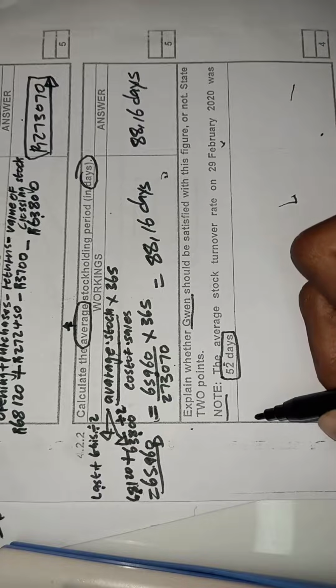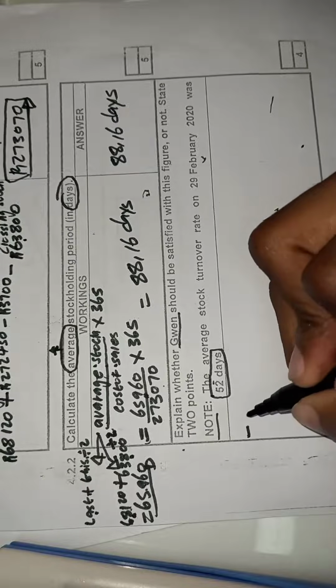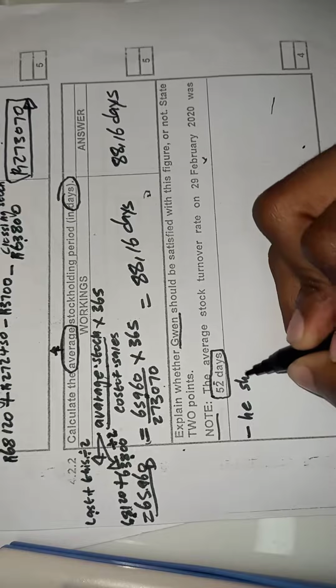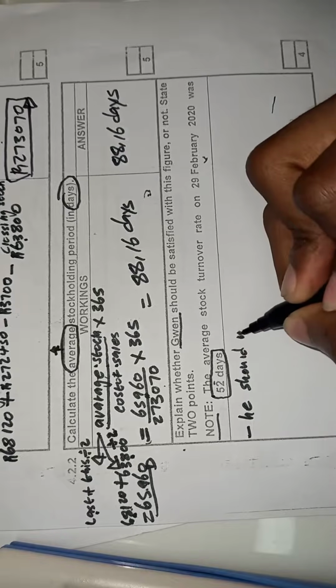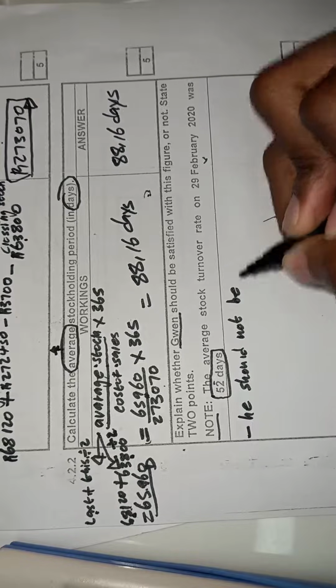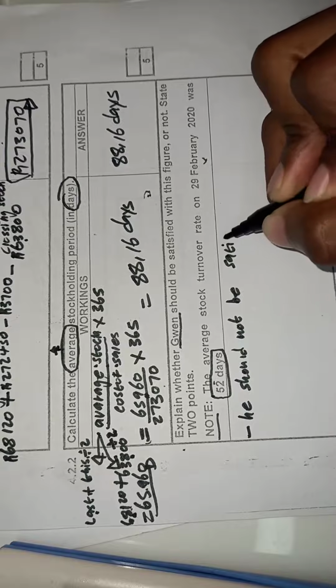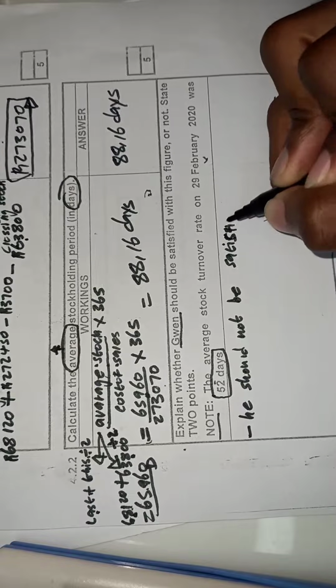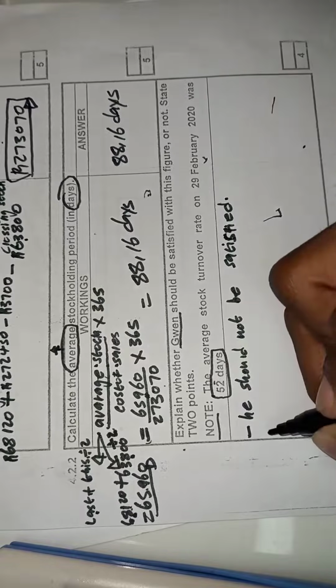I don't like writing theory. I will just write points. Just simple. Gwen should not be satisfied. Why should Gwen not be satisfied? It takes long.